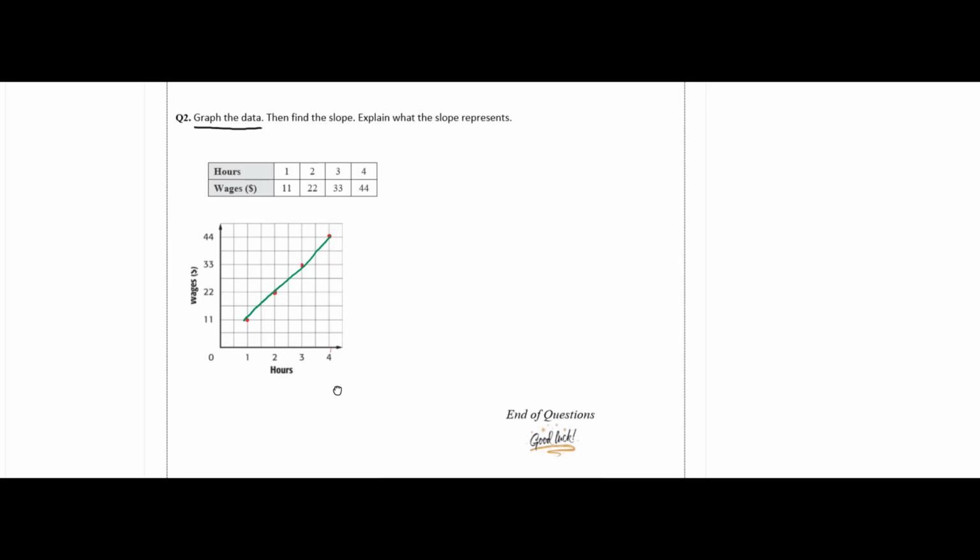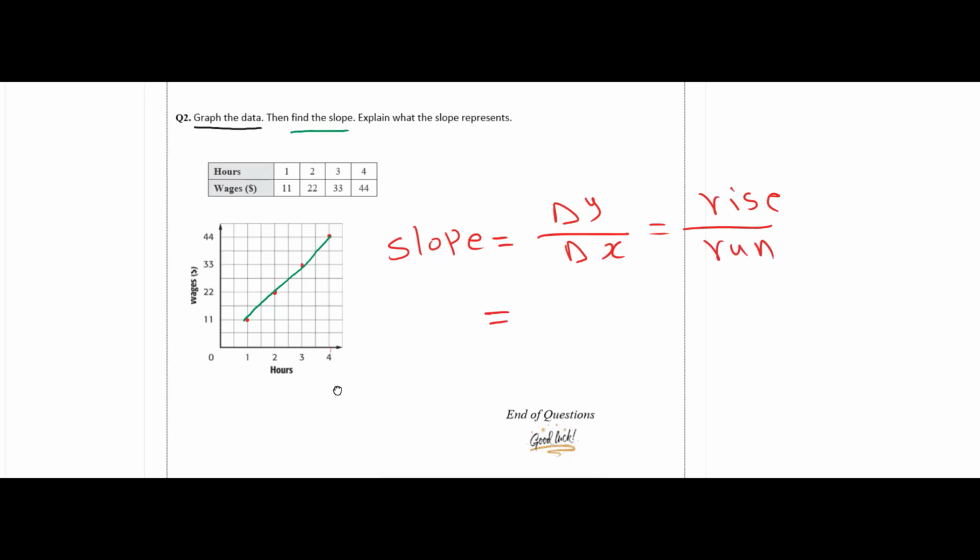Okay, now find slope. Slope equal what we said before, change in y over change in x, or we can say rise over run. First let's do it by change in y, change in x. We need 2 points here. We have a lot.